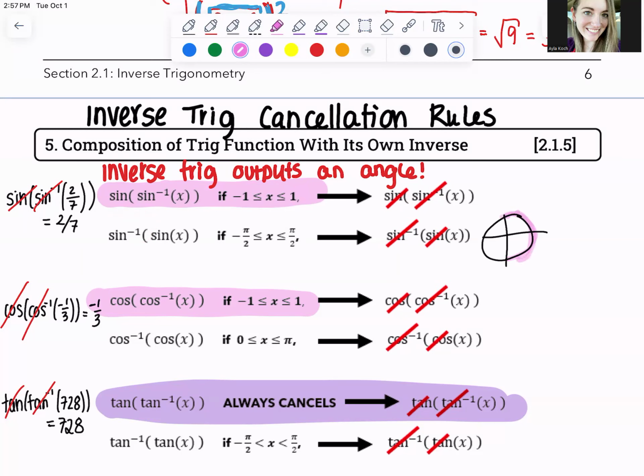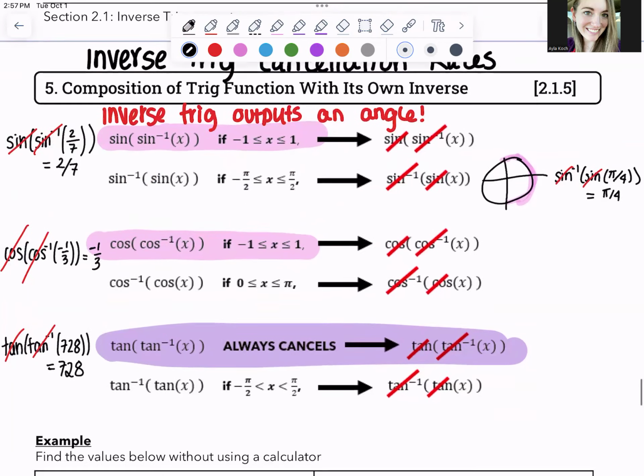As long as this value in here is between -π/2 and π/2, these things can cancel. So I take sine inverse of sine of pi over 4. Those sines will cancel, and this will be equal to pi over 4. Same thing with cosine.